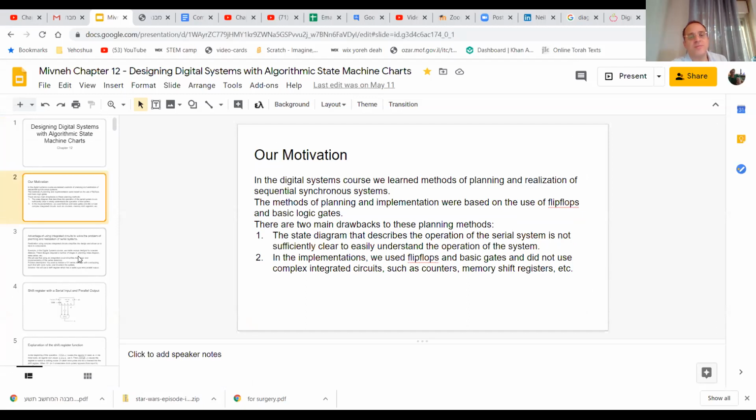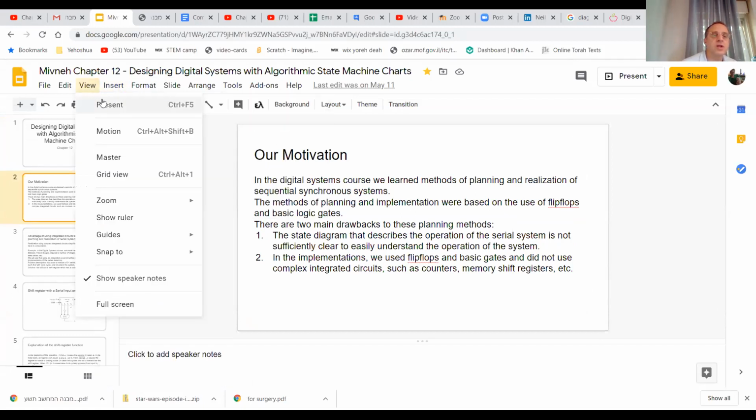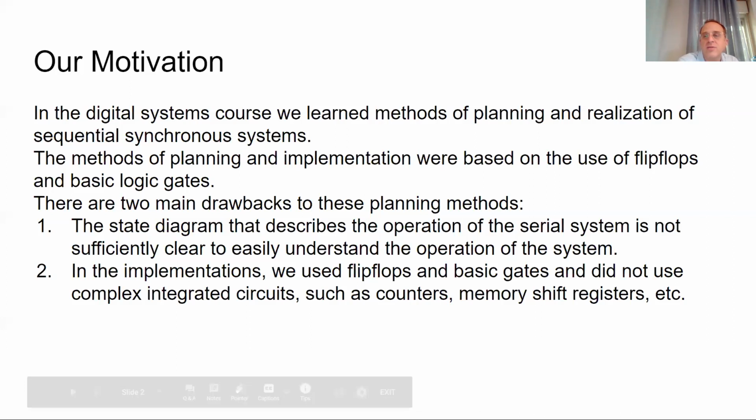All right, our motivation. So this is actually referring to the other class. In the digital systems course, we learned methods of planning and realization of sequential synchronous systems. Sequential, that's the key point.